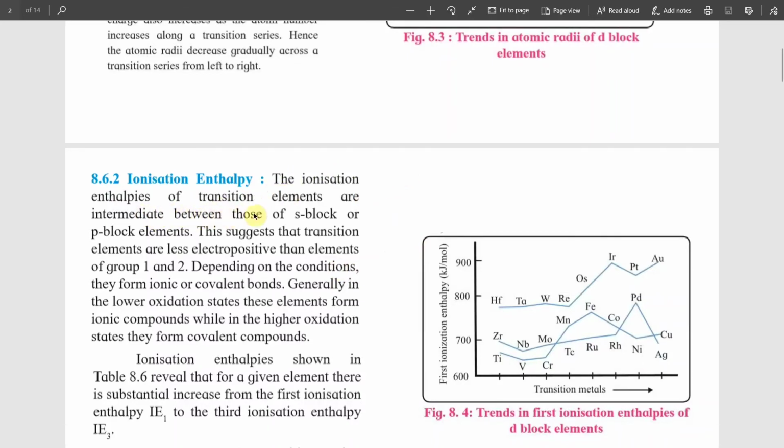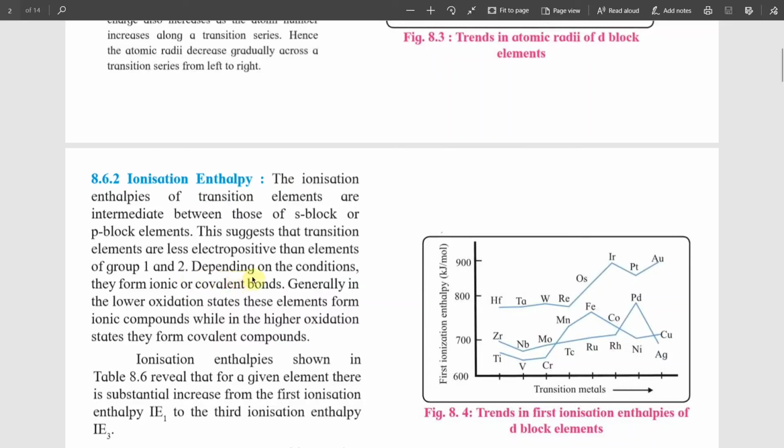Ionization enthalpy is the next trend property. The ionization enthalpies of transition elements are intermediate between s-block and p-block elements.